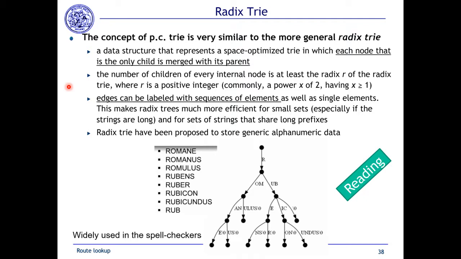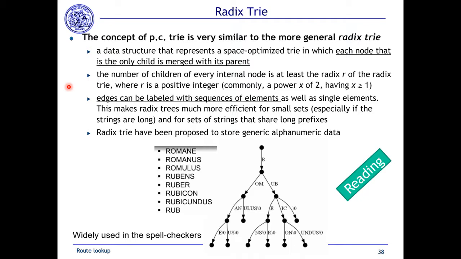If you make a mistake at the beginning of the word, in the first letters, usually it is not able to correct it, because in the first letters you have a single path, so you don't have alternatives, and so you are completely unmatching the entire tree. But if you are missing other letters, then it is able to find the correction in an easy way because of this tree representation.